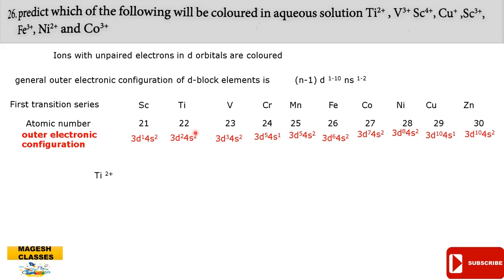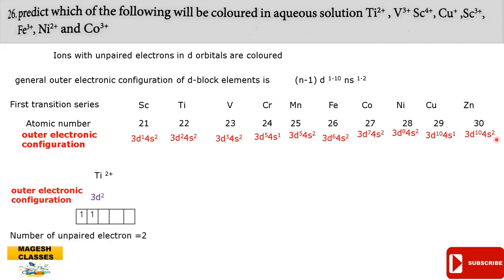So the 2 electrons are removed, and titanium 2+ is formed with a d2 configuration. In the d subshell we have 5 orbitals, and only 2 electrons are filled. So the number of unpaired electrons is 2. Hence, it is colored. So titanium 2+ is colored. In this way, you have to find out all the others.